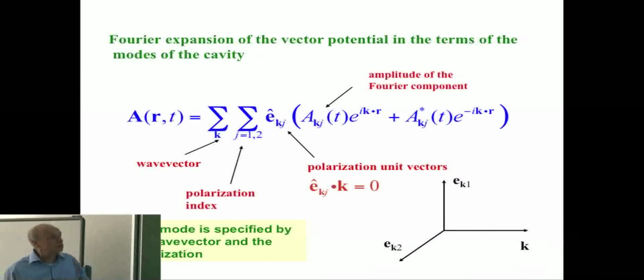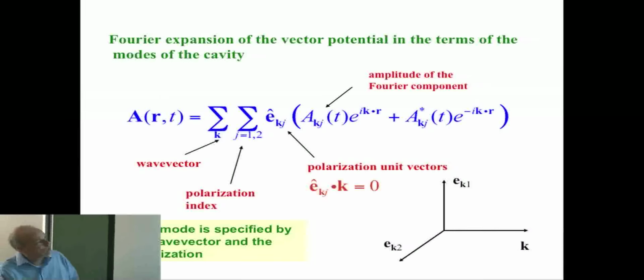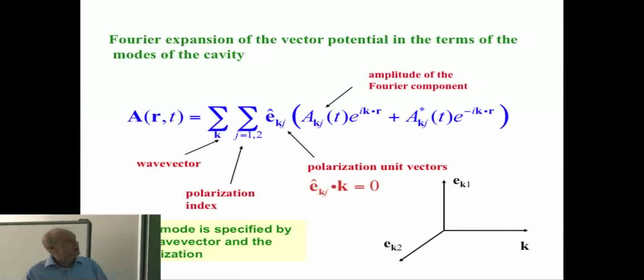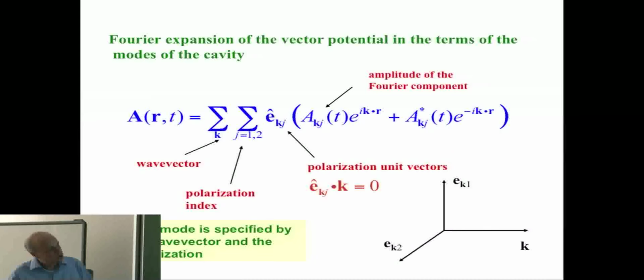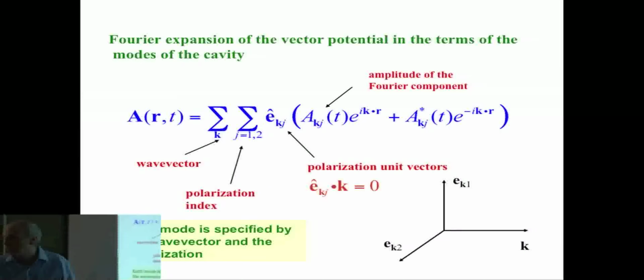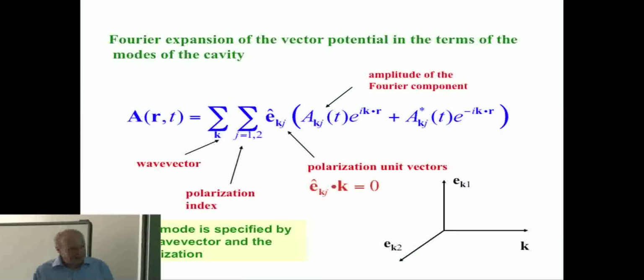Now, the modes of the cavity are given by the wave vector, and here we have a summation over all possible wave vectors which are compatible with the boundary conditions given by the cavity. And you see here we have the space function, which in this case are complex exponentials, and also some functions of time, and there is one of these functions for each mode of the cavity.